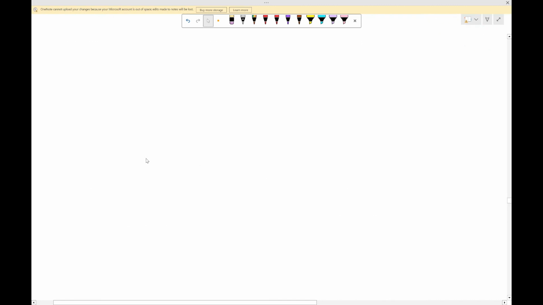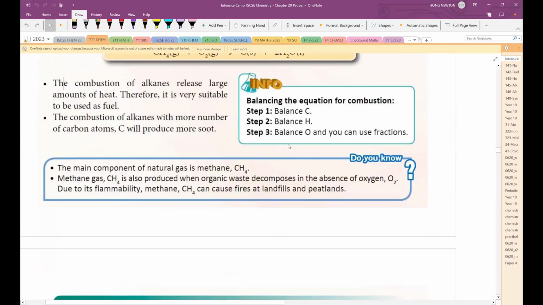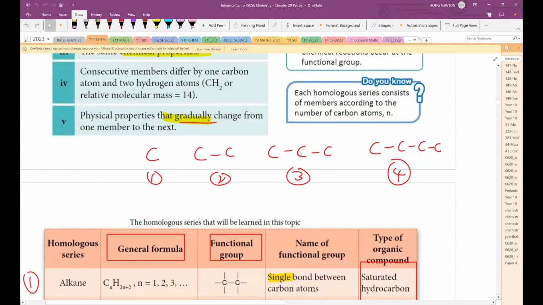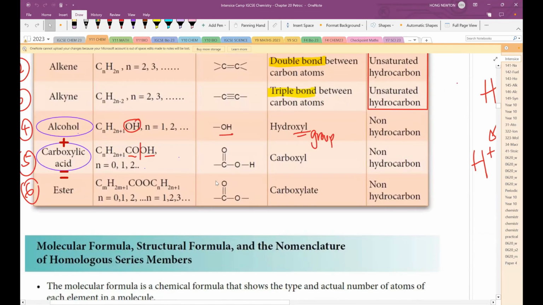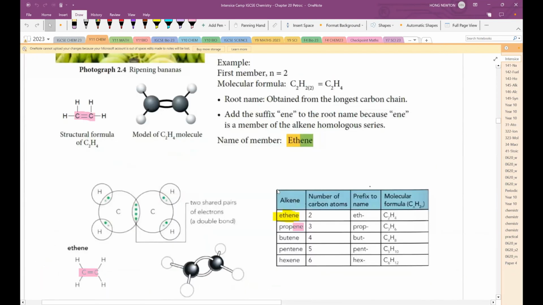All right, now question number 6. You look at what group in the homologous series this is. Propanoate here, is it the ester or carboxylic acid? Look at your table, it can help you. If the table doesn't have it, never mind.